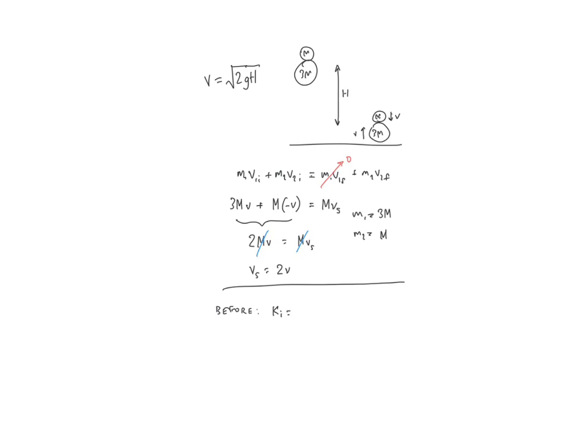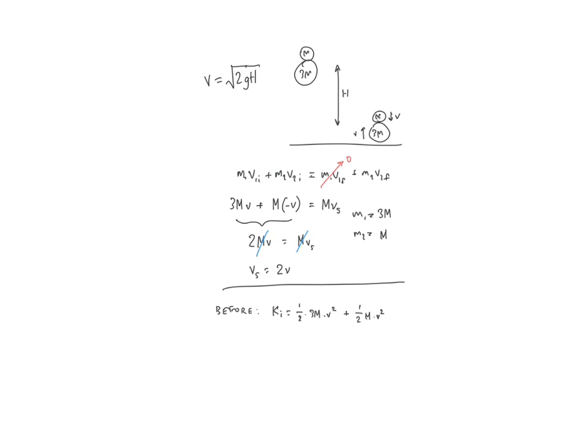So the initial kinetic energy of the whole thing is 1/2 times the larger mass, 3m, times v squared, plus we also have to do the kinetic energy of that smaller sphere, that's 1/2 times m, times v squared, since that one also has a speed of v. Remember, kinetic energy is a scalar, so the direction of the velocity doesn't matter.